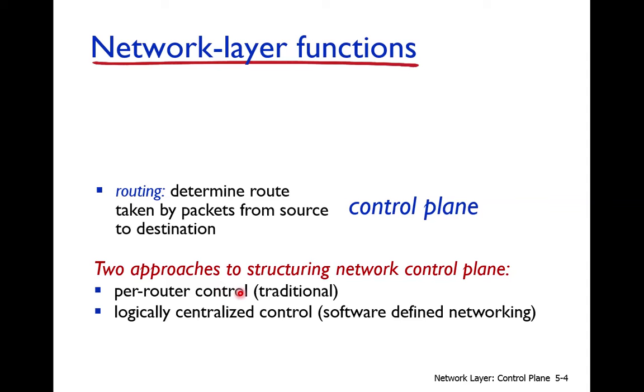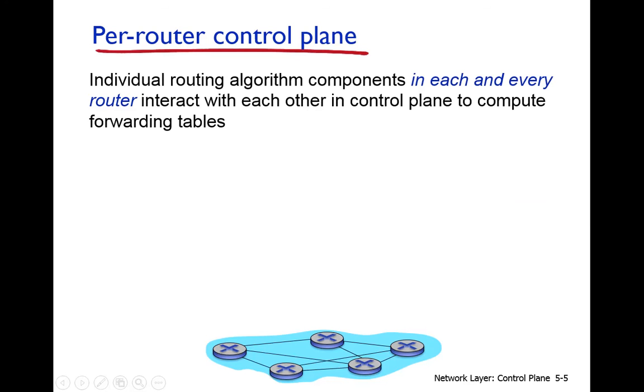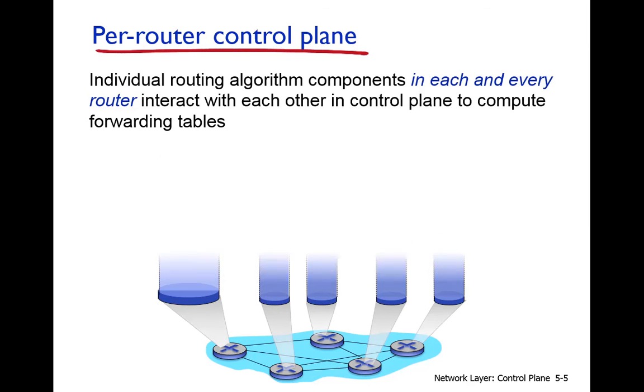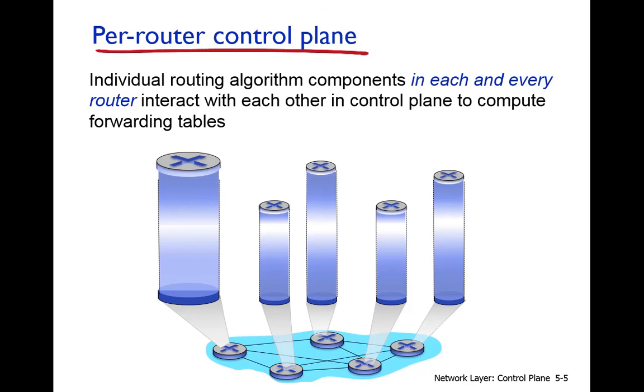This is called traditional networking, or the per-router control plane. The other is called SDN, software defined networking, in which the control plane for all the routers is implemented on a centralized server, a centralized entity, that is called the controller.